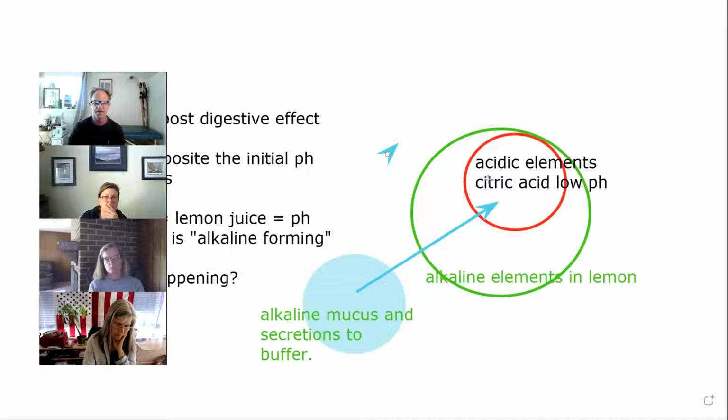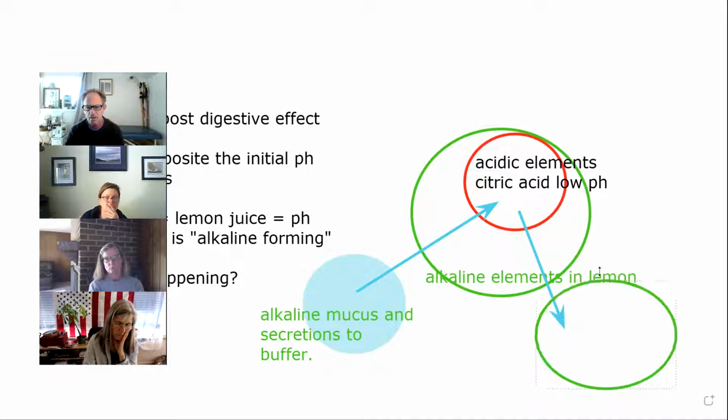It comes in and buffers the citric acid, and then you're left with, artistry skills not solid, the finished product. So the alkaline mucus that buffers it, this red part's gone, and then you're just left with the alkalinity.